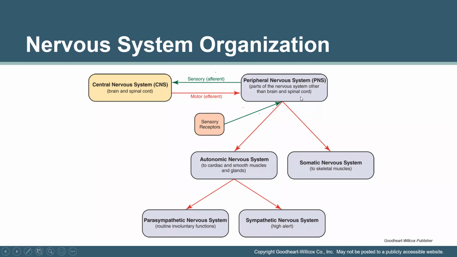Within the PNS, there have to be sensory receptors in it so that it can send information to the central nervous system. But the PNS is then divided into the autonomic, which is automatic. Okay, this is your organ systems, things you don't think about, involuntary things, but also the somatic nervous system or skeletal muscles. Again, somatic tells us body wall structure, muscle, bone, joint stuff.